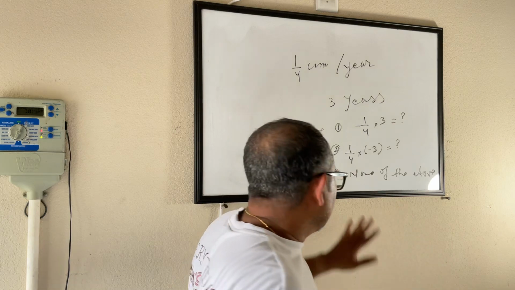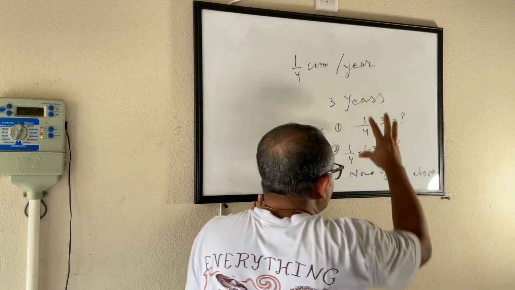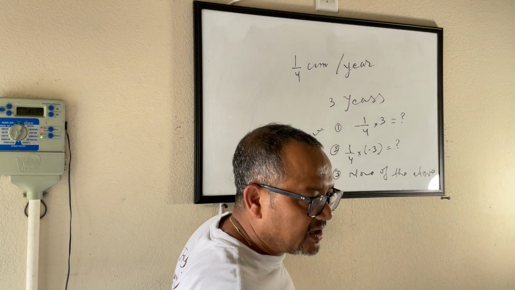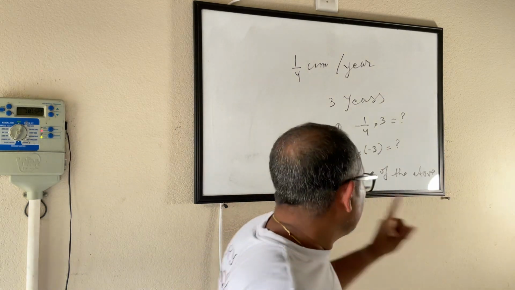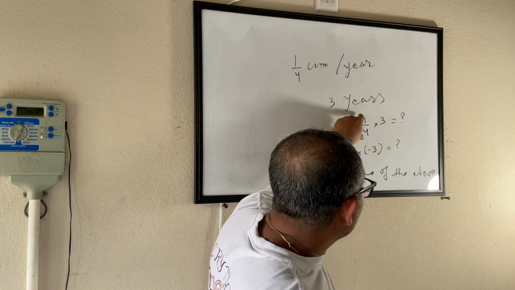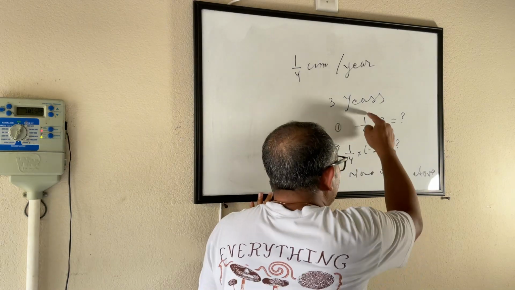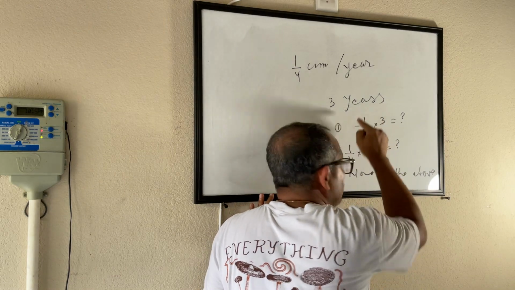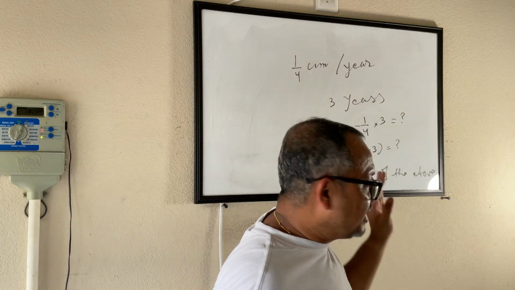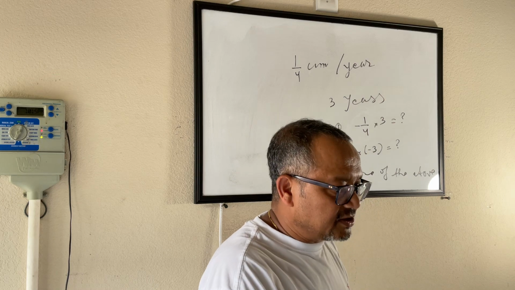Mathematically the value will be the same. But when it comes to representation, what does -3 mean? We are looking forward. Next 3 years, it will decrease by 1/4 every year, or her height will change by -1/4 every year. 3 years, -1/4 into 3. 20 years, -1/4 into 20.